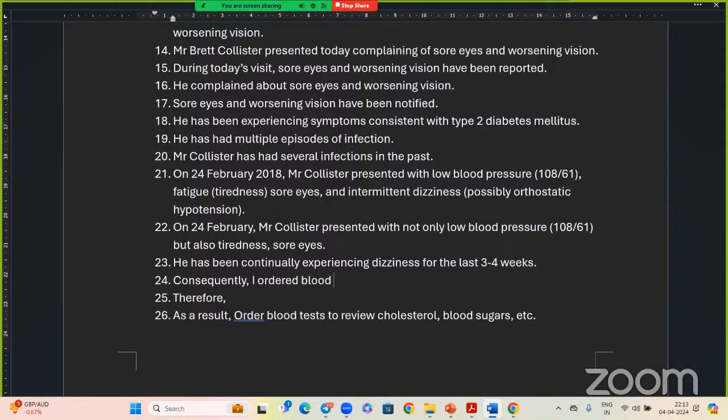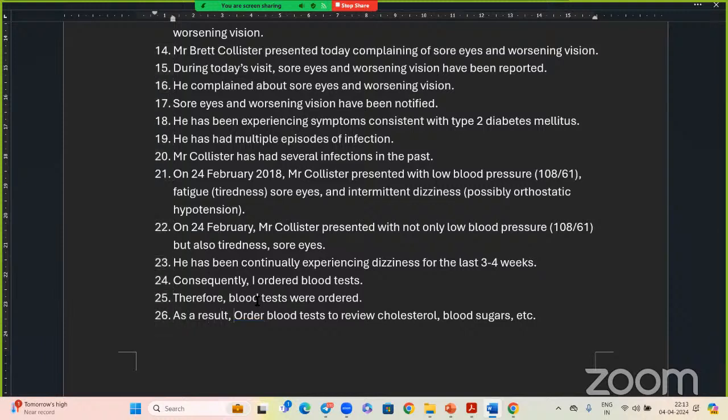Or you can say therefore, blood tests were ordered. No need for I here. Another way of telling. Therefore, blood tests were ordered. Whatever you want to add, you can add.